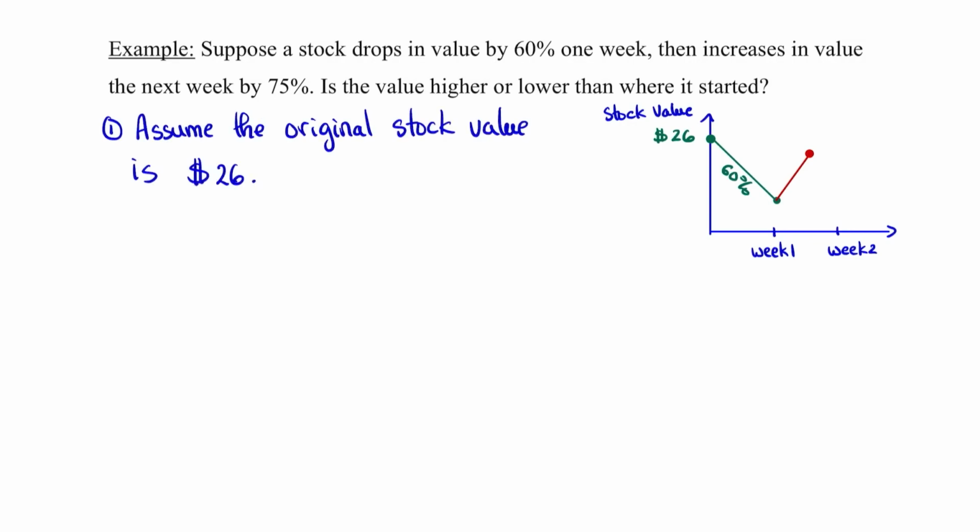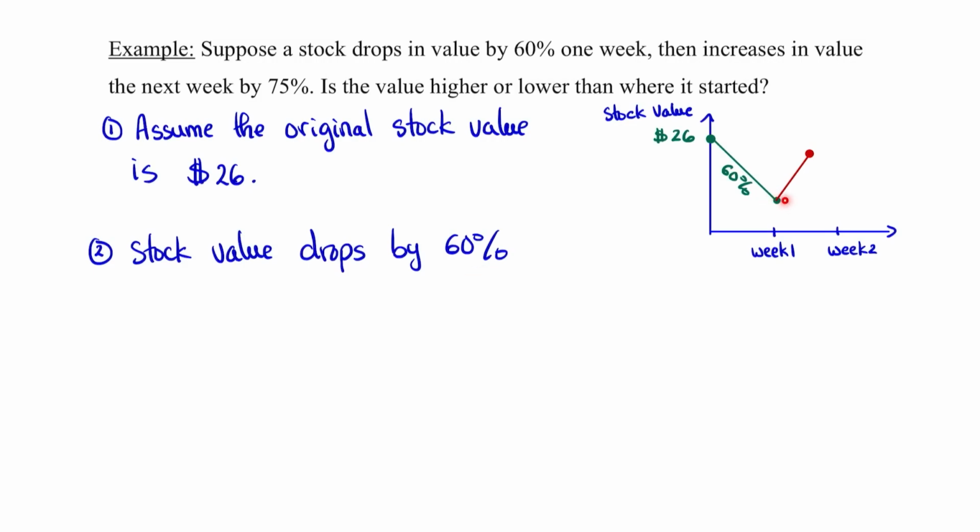So just assume the original stock value is 26, and then it decreased by 60%, which is this. So I need to find this value right here. The stock value drops by 60%. That means I only have 40% of the stock value left.